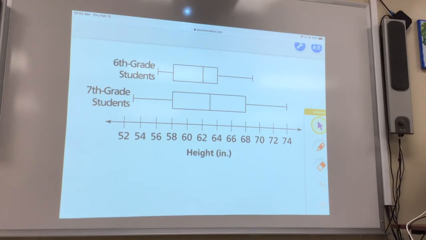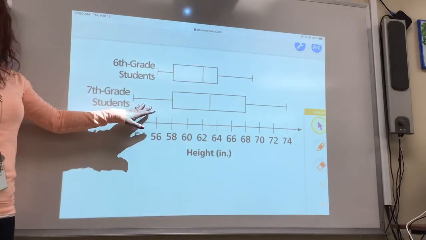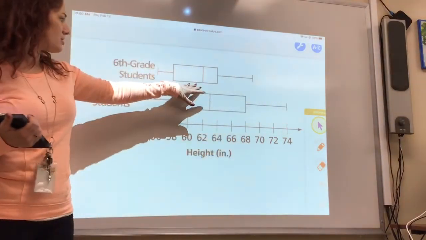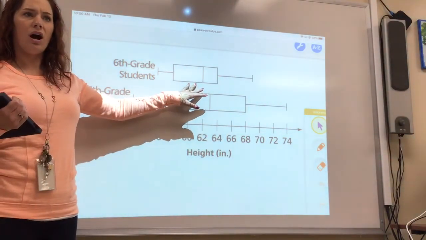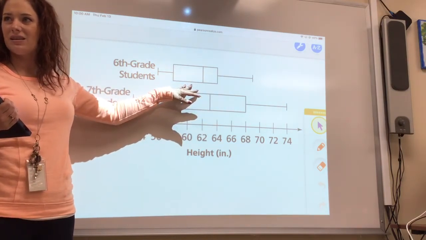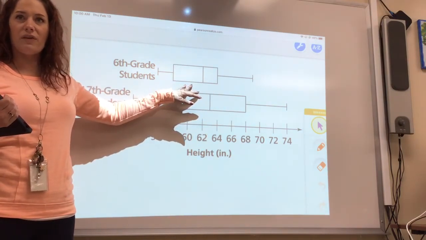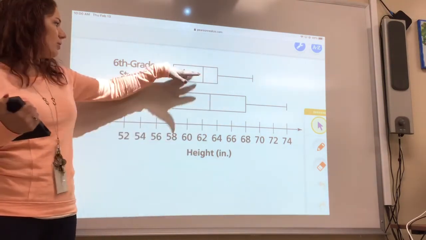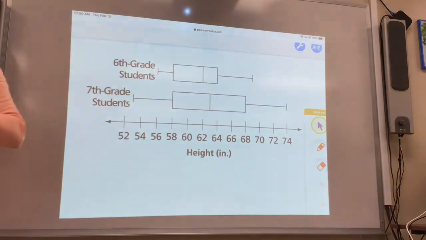They have some quite short kids and some quite tall kids. Whereas the 6th graders are much more closely related in their heights. Does that make sense? Are you with me? So greater variability means you've got a broad span of answers. Whereas 6th grade, everybody's answers were kind of closely related.